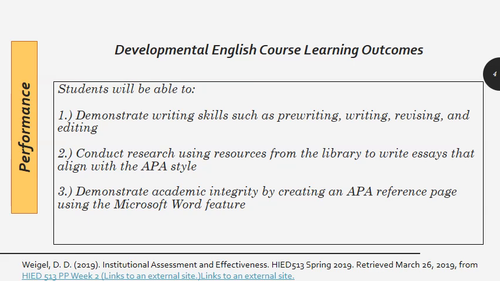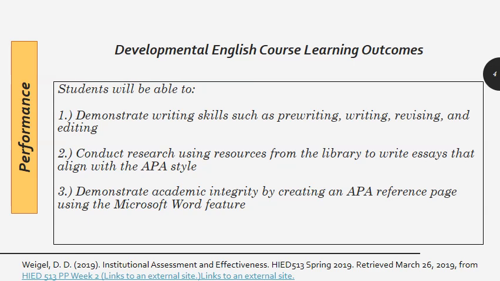When creating the learning outcomes for the developmental English course, I followed Dr. Dottie Weigel's advice in her Institutional Effective Learning Outcomes Lecture 2019 to ensure that the course outcomes are measurable, specific, detailed, and include the action verbs using the Bloom's taxonomy approach.